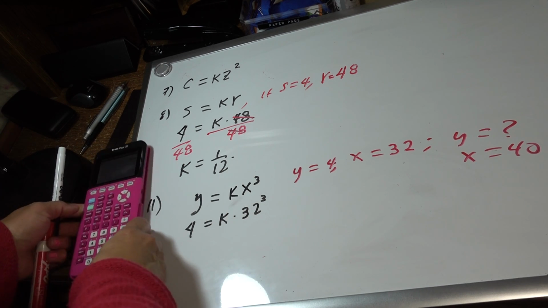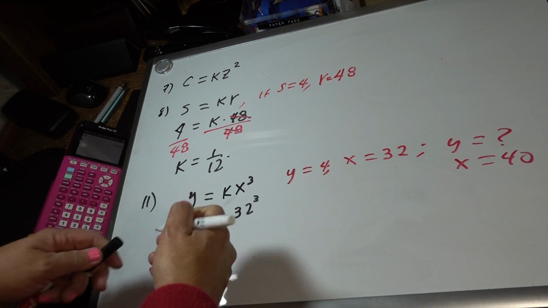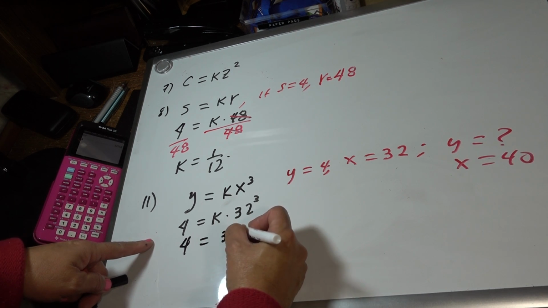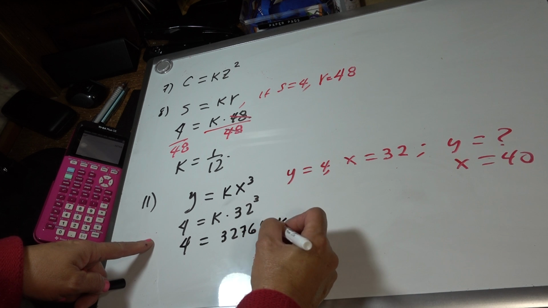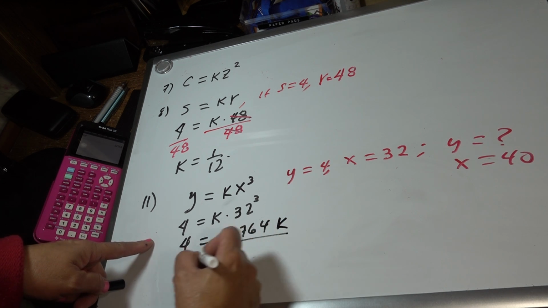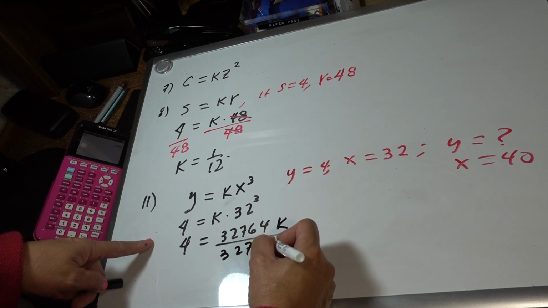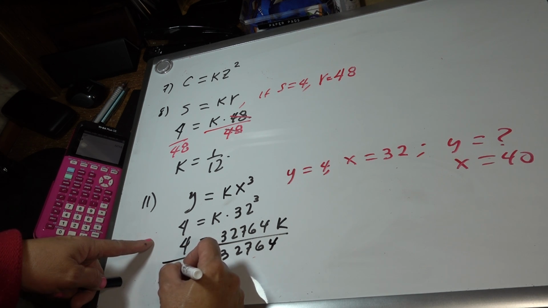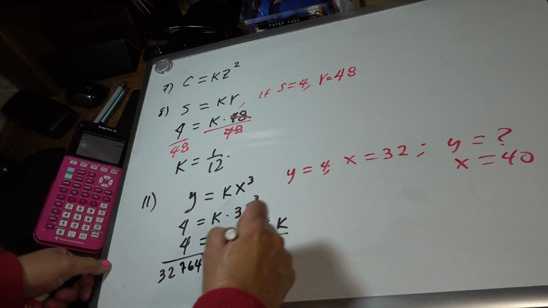It's 32,768. 4 is equal to 32,768 K. Divide by 32,768 in both parts. So we have canceled this.